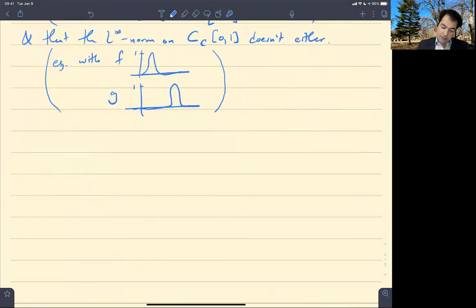But before we do, let me point out that the triangle inequality implies something that looks slightly different, but is really the same. So remark, on any normed space, we have the following.